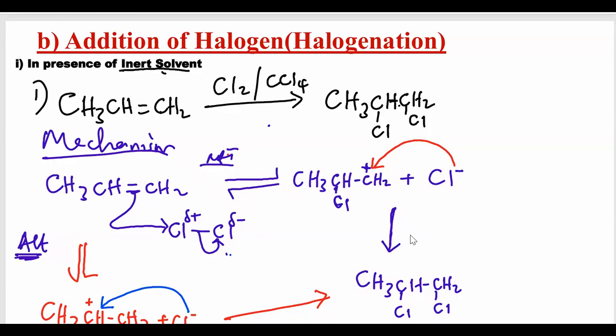Mugisha Henry, what are you saying? Yes, sir. Yes, please. Is it compulsory that the inert solvent should be carbon tetrachloride? It's not compulsory, but it is the common inert solvent that is used.